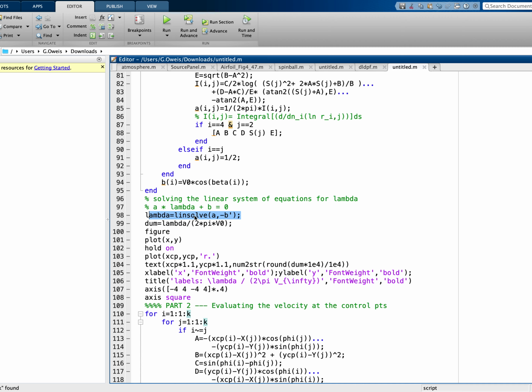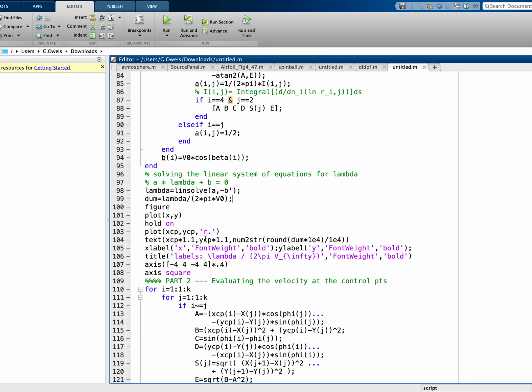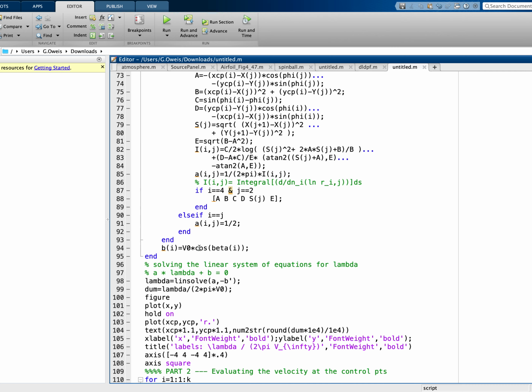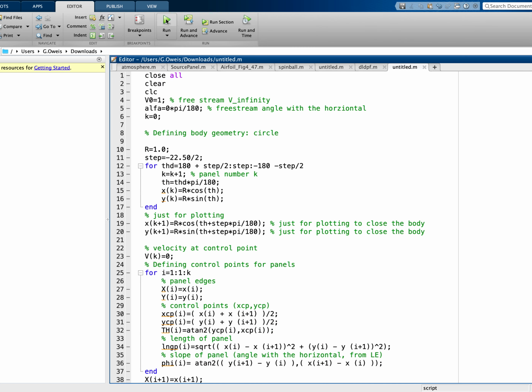That's what linsolve is, the command in Matlab to solve a linear system of equations, and then you end up with the solution, which is your lambda. That's the strength of each source and sink term, and then we'll do some plotting. So let's run this, so that I'm sharing with you.